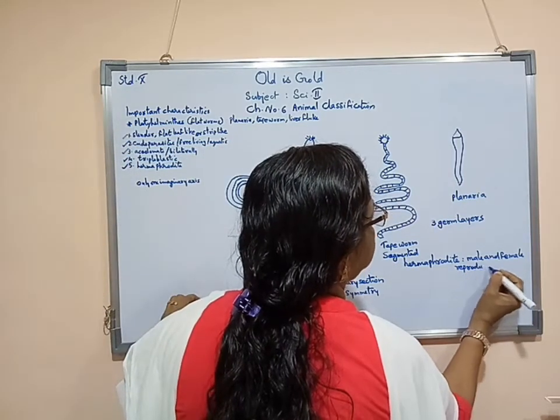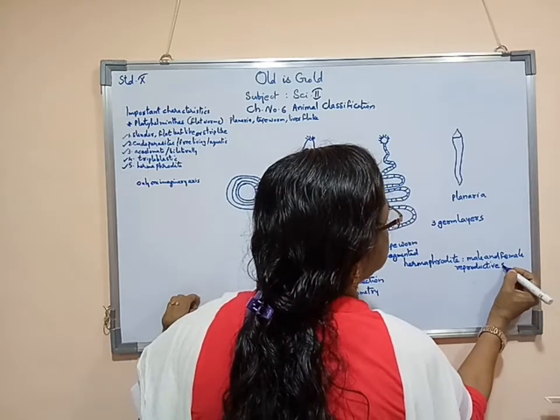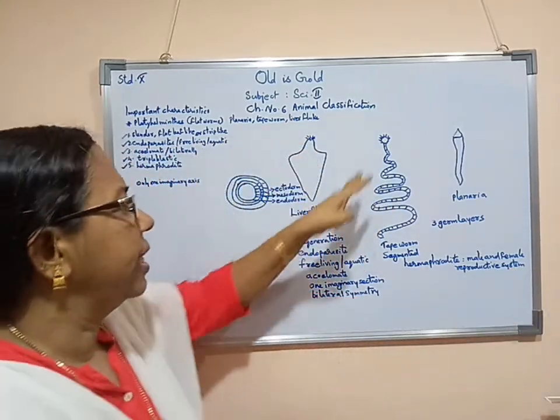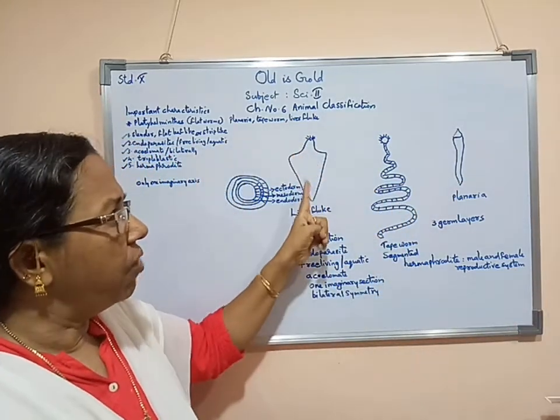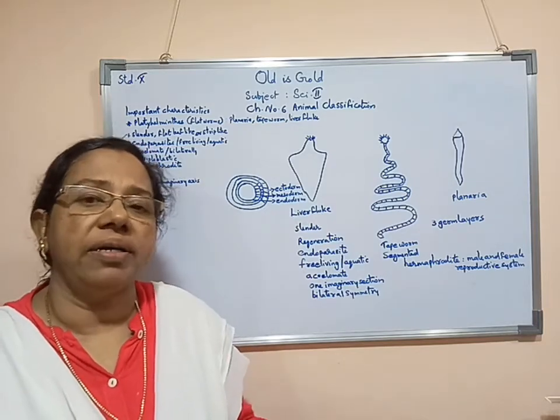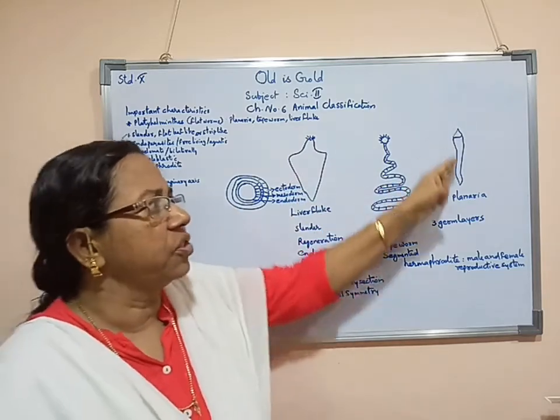Male and female reproductive systems are present in one organism. So we can say that in such organisms, one organism itself will have its male reproductive part as well as female reproductive part. Here also, same way.